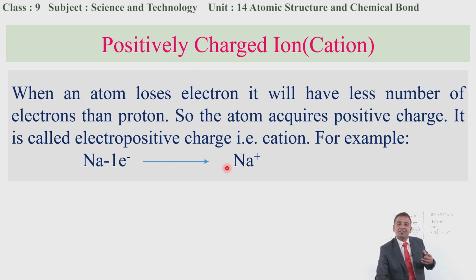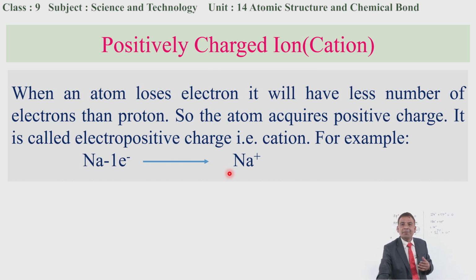So this ion is known as a positively charged ion. In other words, it can also be termed a cation, because in electrolysis these positively charged chemical species move towards the cathode.